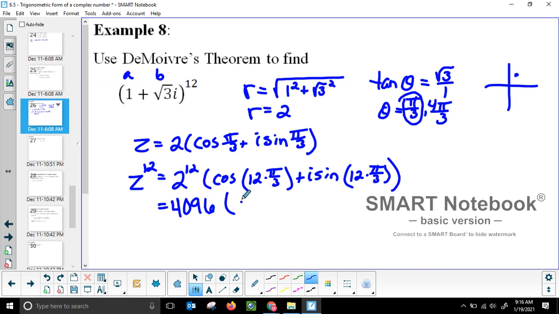Times the cosine. 12 times pi over 3 is 12 pi over 3, which is the same as 4 pi, but 4 pi is not between 0 and 2 pi, not including 2 pi, so you'd actually have to subtract 2 pi twice, and you would get to 0.